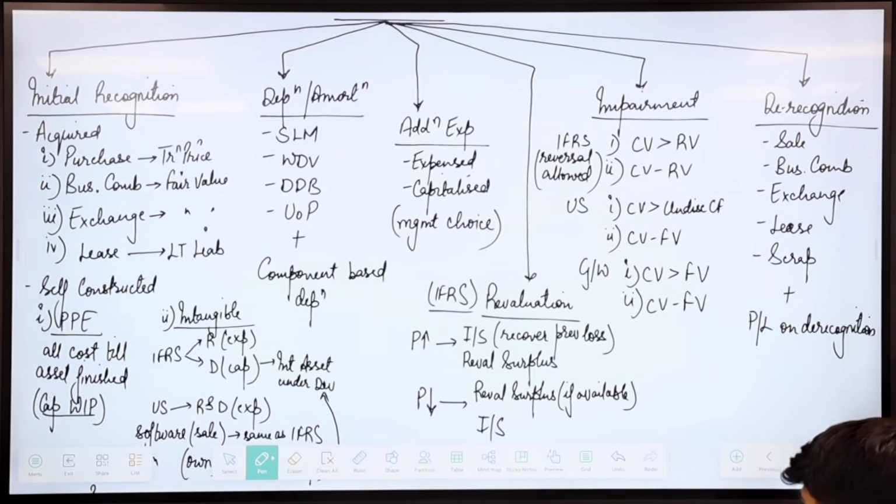Impairment will reduce the value of asset. So when you calculate return on asset or so on, you have numerator, you have denominator.